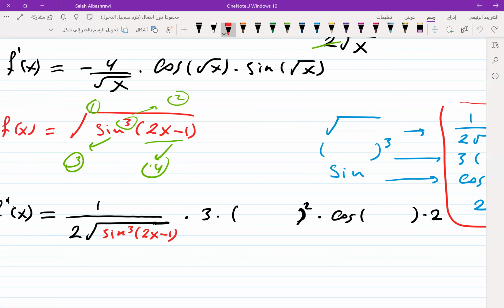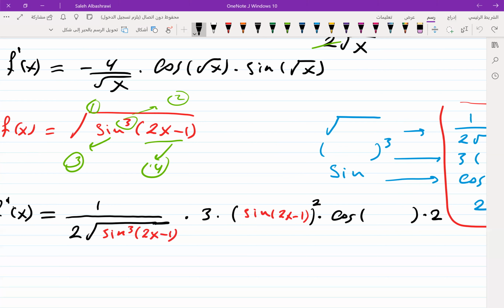We didn't touch it yet. In the second step, we differentiate the second function, which is 3 to power 2. Inside that one will be sine of 2x minus 1, and all to power 2.